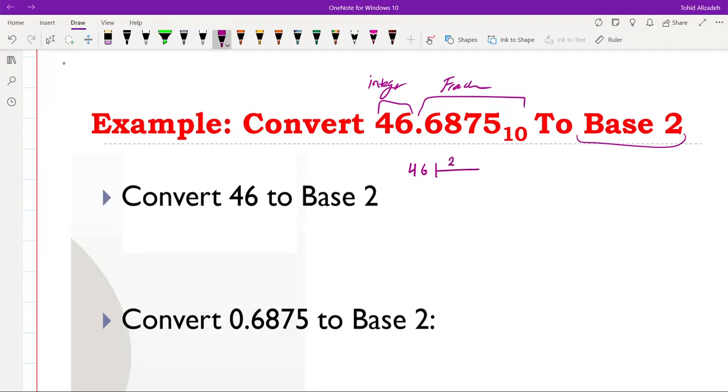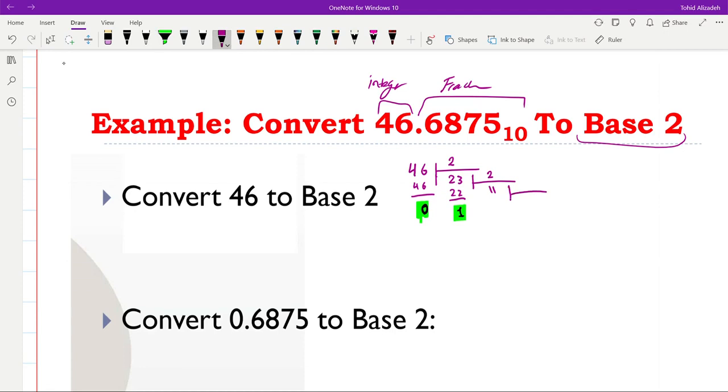What we get is equal to 23. The remainder that we get here is equal to 0. So we need to keep this, and then we continue division. 23 divided by 2 will give us 11, and the remainder here is equal to 1.